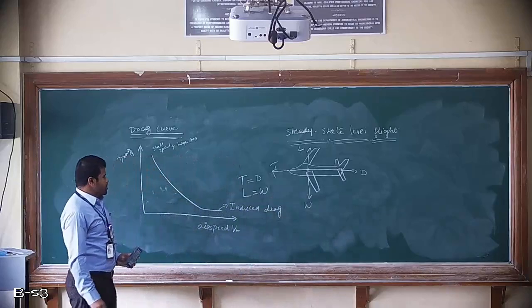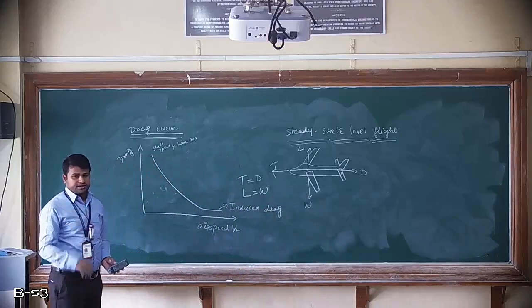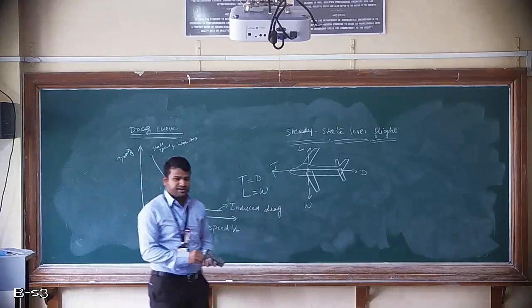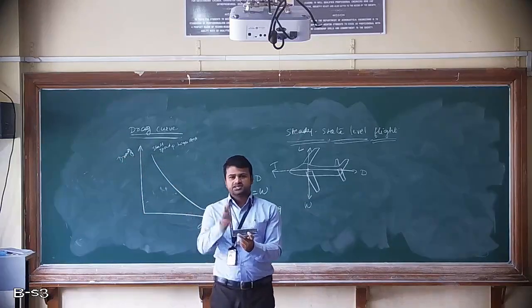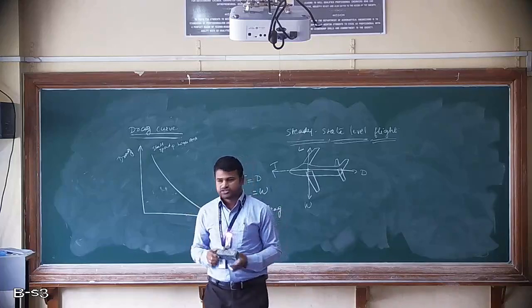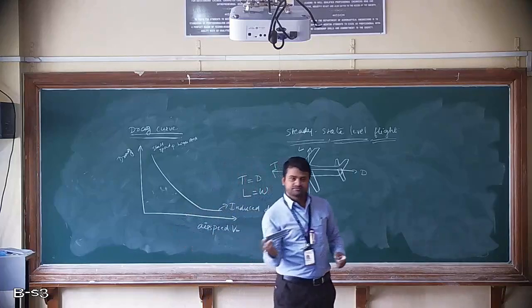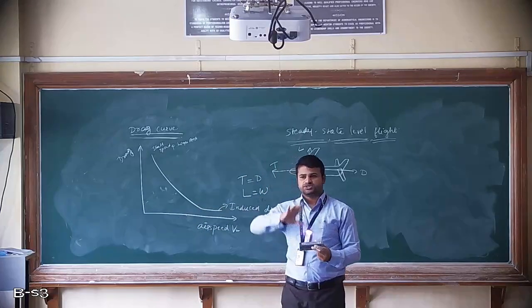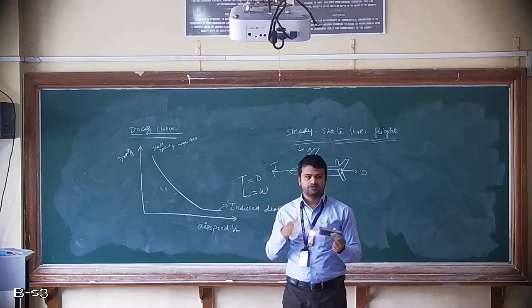So now one more is there, that is parasite drag. It will be initially less. When your aircraft is on the ground, there is no parasite drag because it is not moving at all. That means there is no resistance, right? Once it starts moving, it will start experiencing the air at the different parts which are exposed to the atmosphere outside.